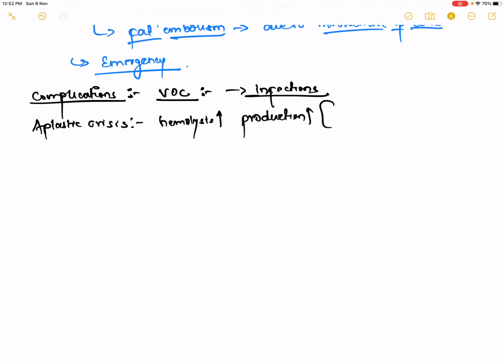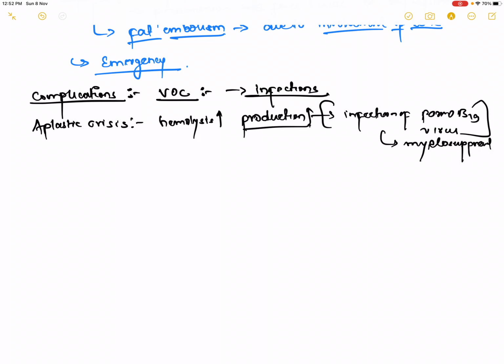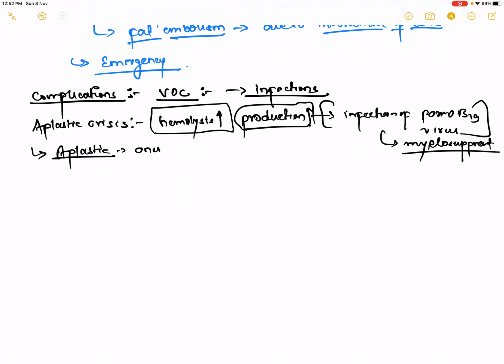When there is an event that suppresses this production, for example infection with parvovirus B19, which is a myelosuppressant virus that suppresses the marrow, production decreases, and since there is increased destruction, the patient can land in aplastic crisis, in which he may present with anemia, neutropenia, and thrombocytopenia. So features of all these three, like bleeding, infections, and anemia, can happen.